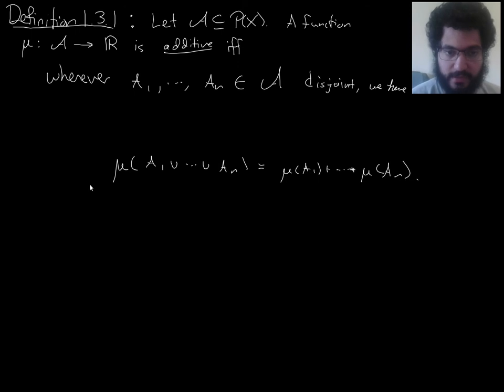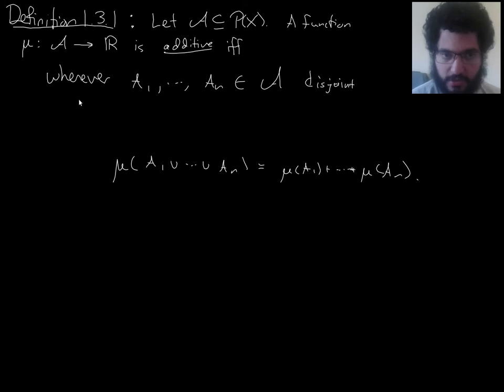Right now it's evaluating mu at this union, but this union need not be in the domain of mu, right? It need not be in fancy A. So it's not clear what the definition is saying. Is it saying that their union has to be in there? No, it's not actually. Here's the corrected definition.